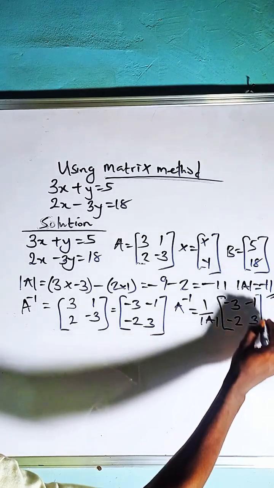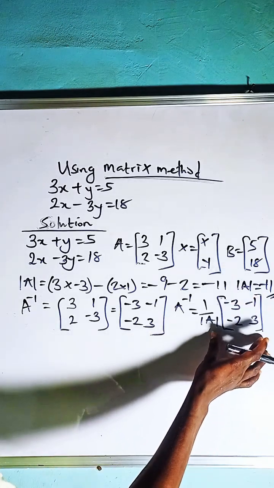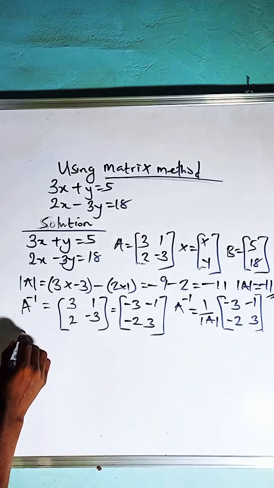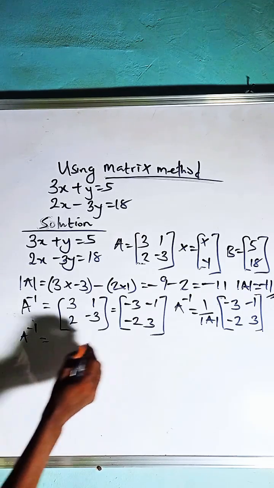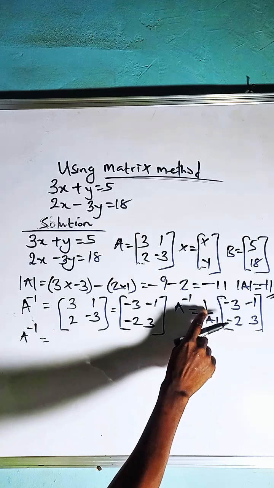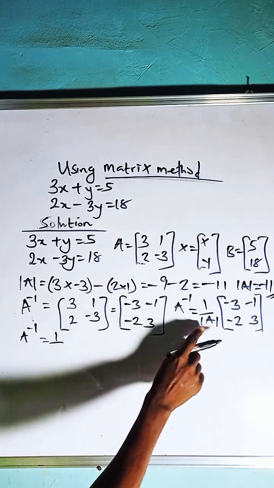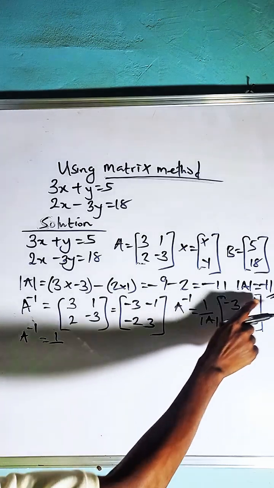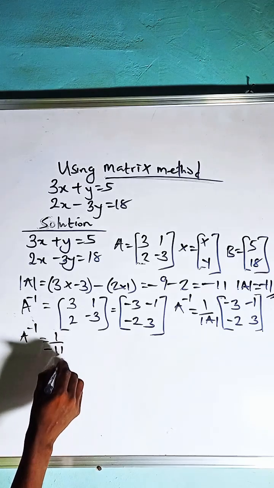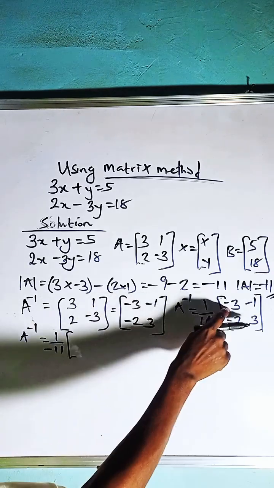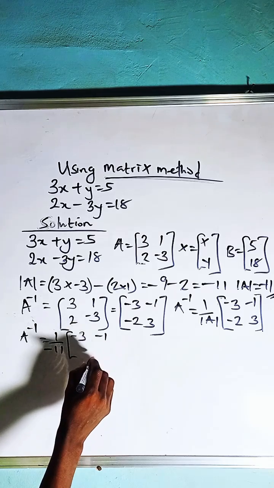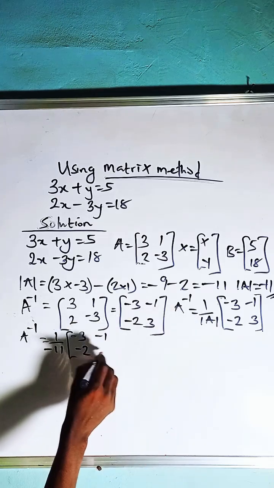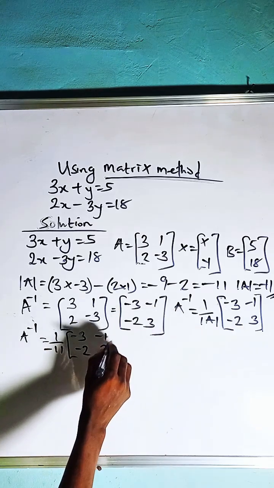So what do we do from here? When we look at this, we have the inverse: 1 over the determinant of A, which is minus 11, times the matrix minus 3, minus 1, minus 2, 3.